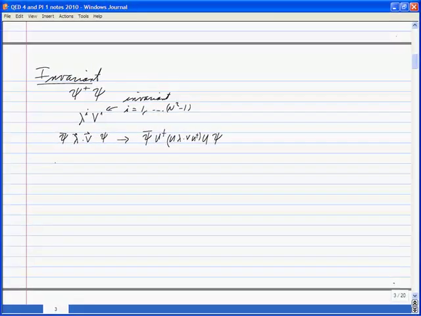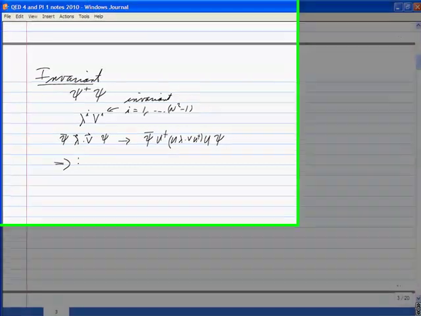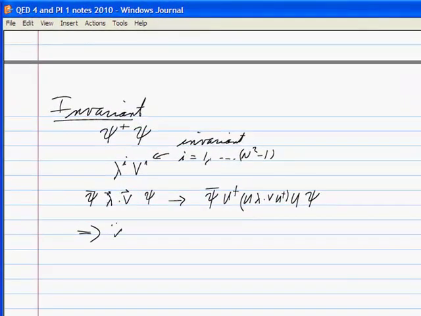Okay, so then this is an invariant. λ·V′ is u λ·V u†.